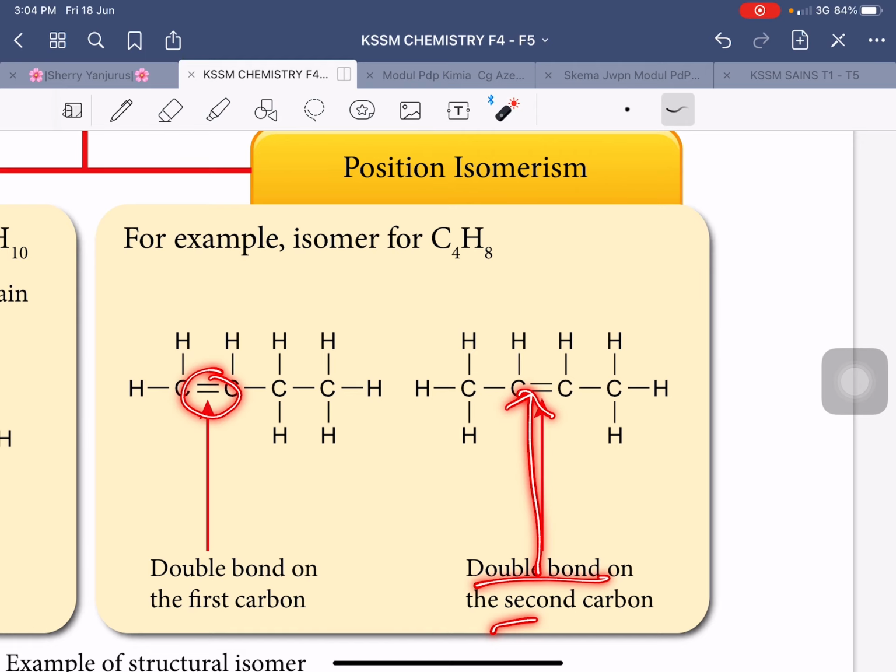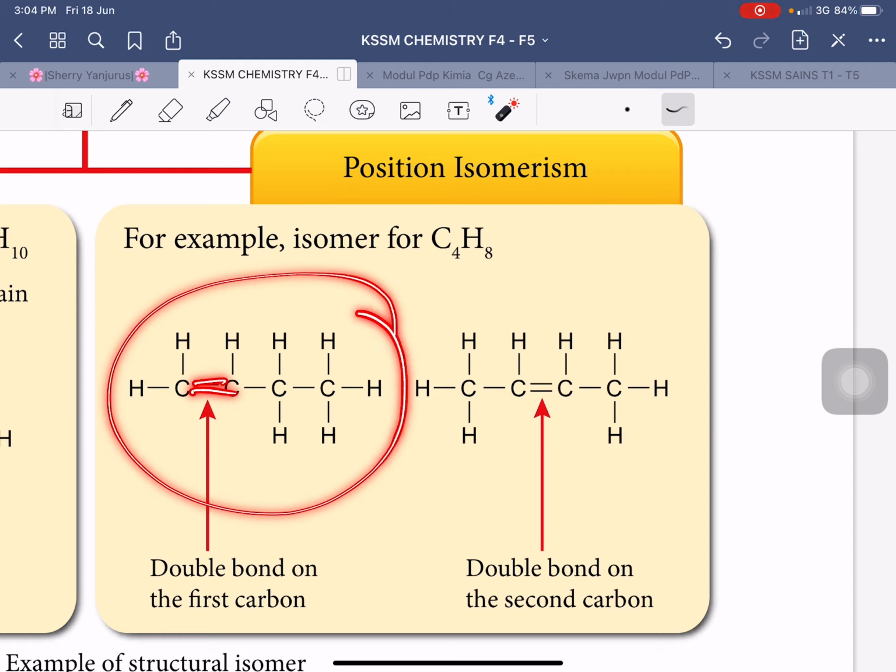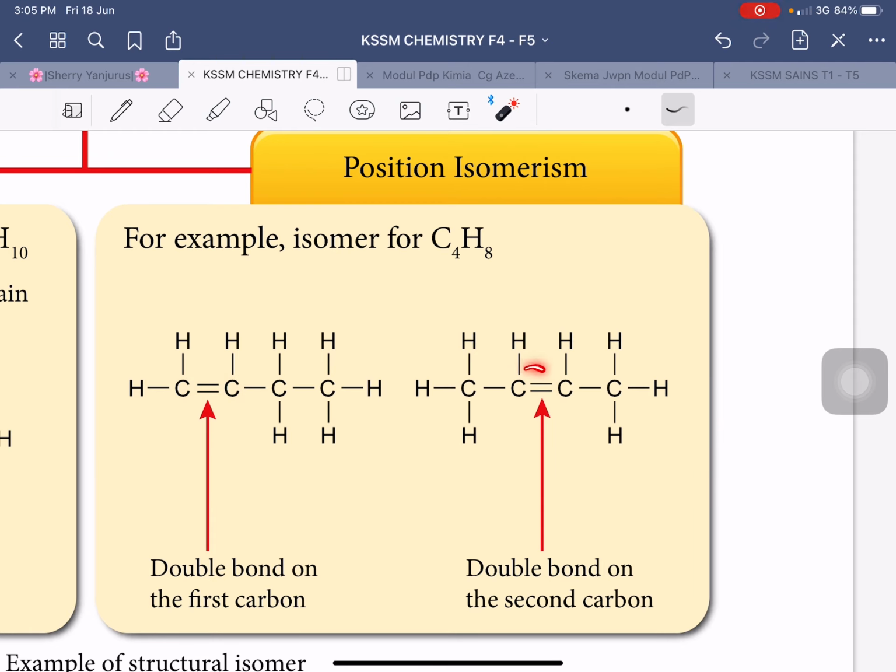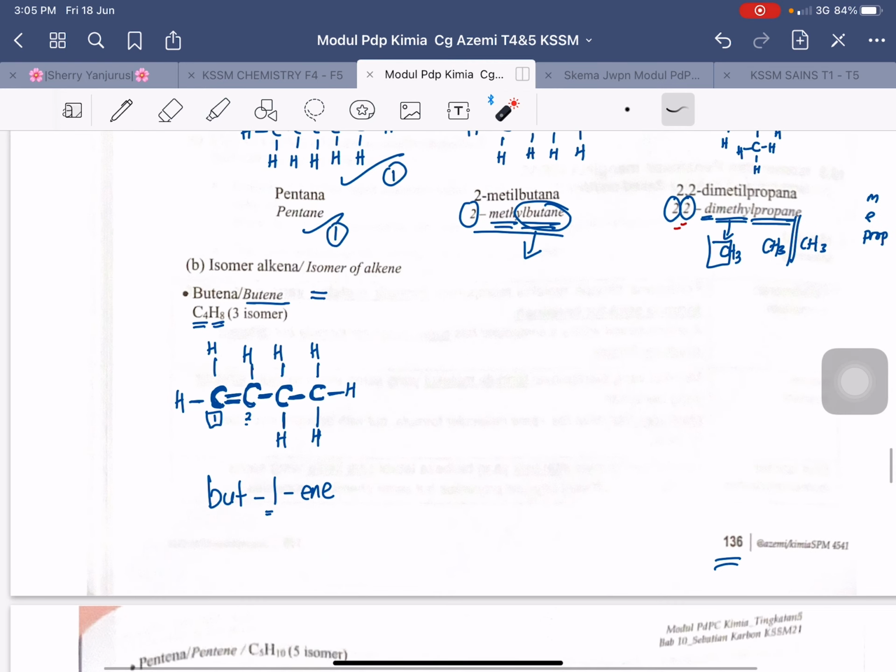When you change the position of the functional group, it actually shows you are forming the next isomer. This is the first type of isomer, this is the second type. Why is it different? Because the functional group is in a different place. So let us look. For butene it is the same.